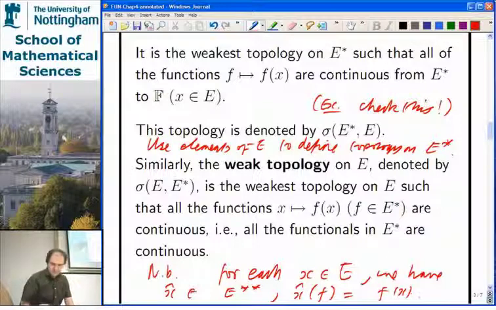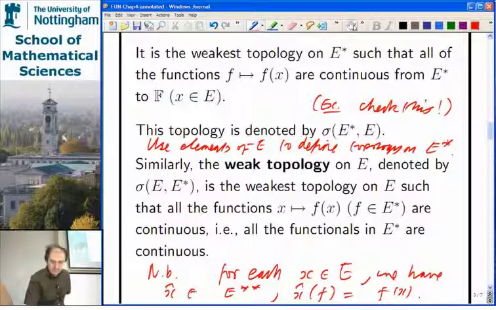That's the standard embedding we had earlier. And that gives you a connection between these two topologies, which I'll say more about in a moment. So you can regard elements of E as linear functionals on E star via this embedding as well. So they're not completely different things going on here. The things in E star give you linear functionals on E, but the things in E do give you linear functionals on E star as well via this map for each x hat.